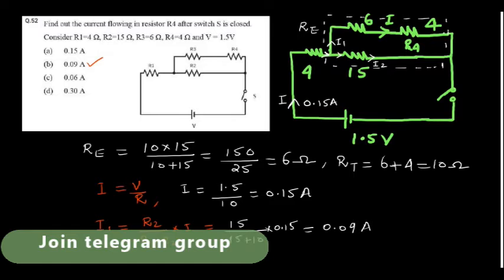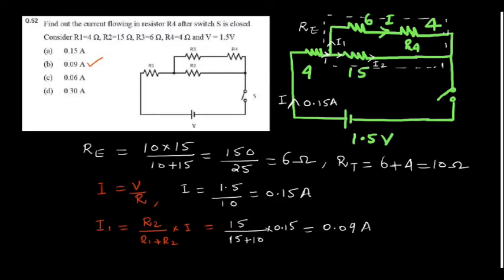Then once we get this combination value, this 4 ohm plus 10 ohm can be replaced with it. So our total resistance of the circuit is 10 ohm. Then we will apply Ohm's law, I equal to V upon R. So 1.5 volt upon 10, you are getting 0.15 amps.